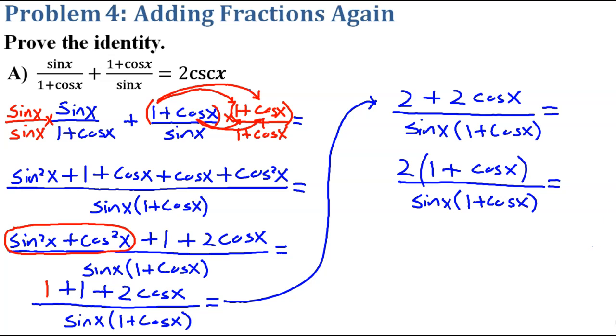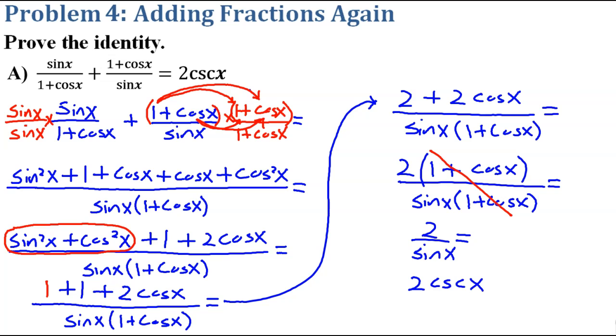Then finally at this point I can cancel. I'm finally in factored form. I have a factor of 1 plus cosine x on top and a factor 1 plus cosine x on the bottom. Those can reduce, and we end up with a 2 over sine x. I'm shooting for a 2 cosecant x, and that's what I have. 1 over sine x is just cosecant, so 2 over sine x would just be a 2 cosecant x.